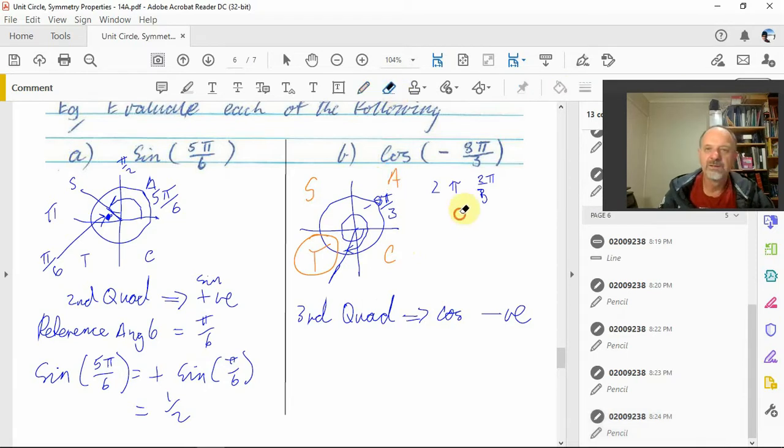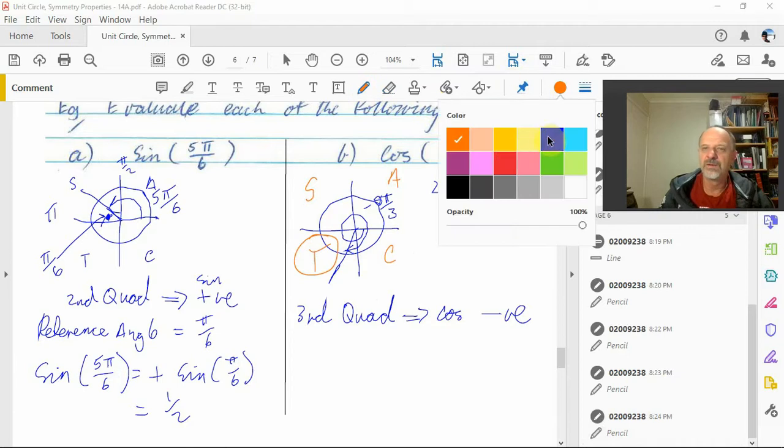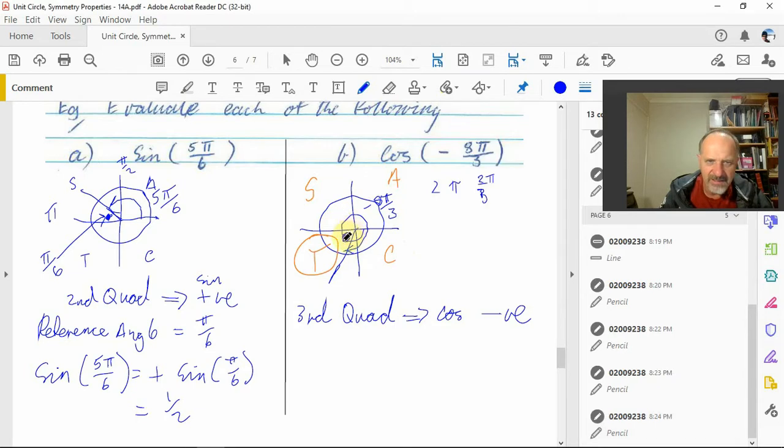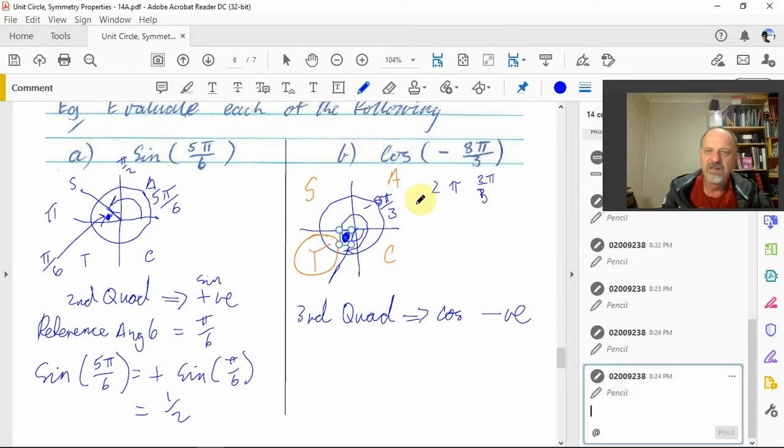Then reference angle. All right, reference angle, always between the line and the x-axis. So the reference angle is this one here. Now remember that was negative 2 pi and then another 2/3. So if that's 2/3 around to here, then it's got to be 1/3 to there, because remember there's a whole pi in that.